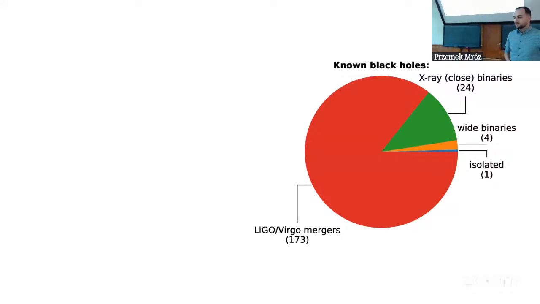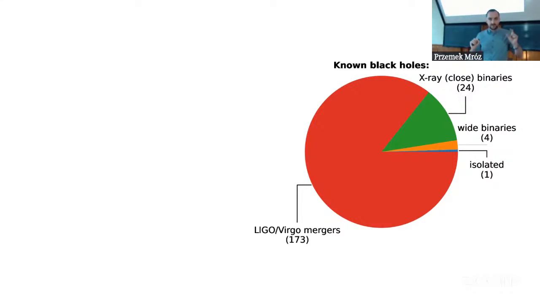So when we look at the population of known black holes, the vast majority of them come from LIGO and Virgo. So now we have hundreds of gravitational wave detections, most of them by black holes. We also have masses for roughly 20 black holes in X-ray binary star systems.